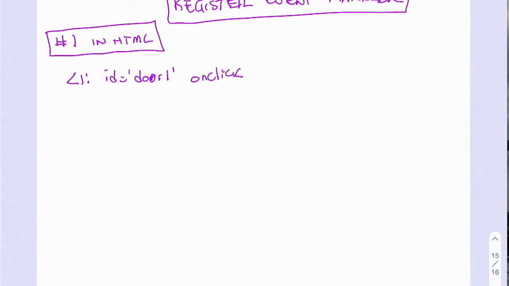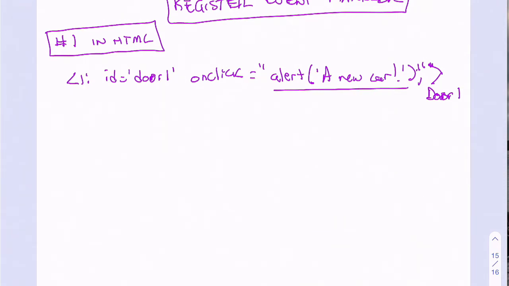Oh, this is actually a super cheesy way. onclick equals alert a new car. So this is even more direct than what we just did. Okay, so that's really bad, right? We're putting JavaScript directly in the HTML, so that's bad.